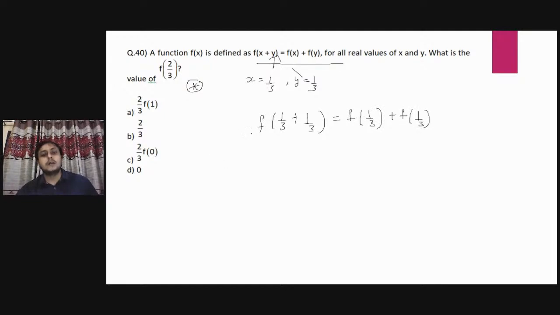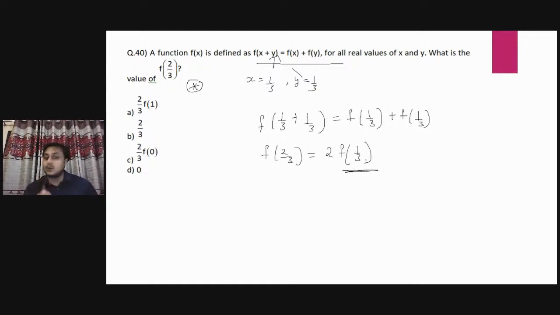So guys, this is f of 2 by 3. f of 2 by 3 equals 2 times f of 1 by 3, right? So to find the value of f of 2 by 3, you need this value f of 1 by 3.